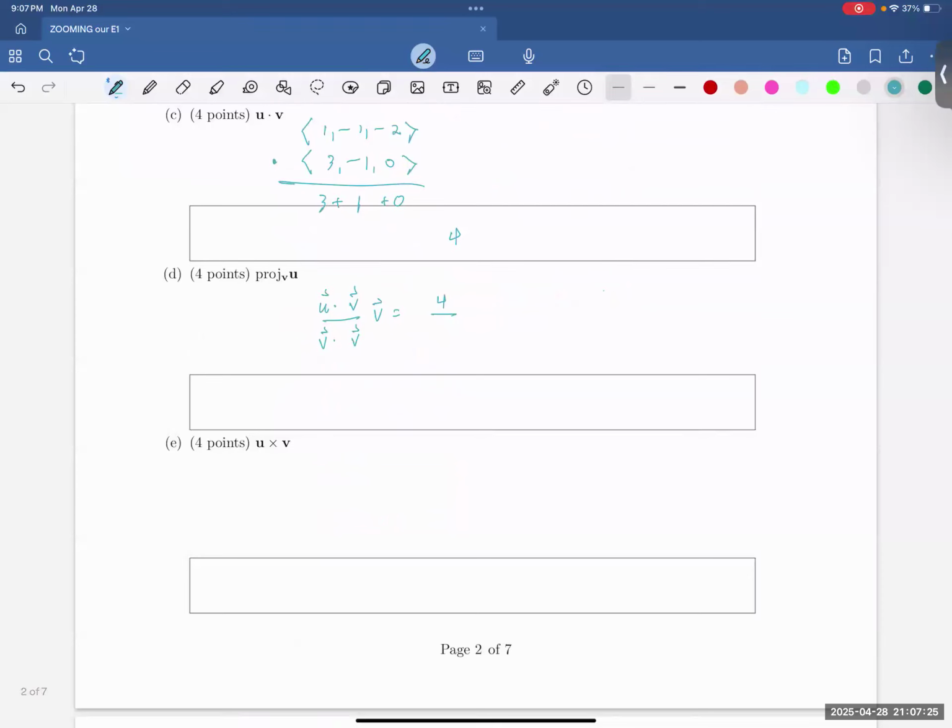So v dot v is going to be 9 plus 1, and that's 10. And then times vector v, 3, -1, 0. So you should at least reduce the 4/10 into 2/5, and it's fine to leave the scalar multiple on the outside. That's a 3.